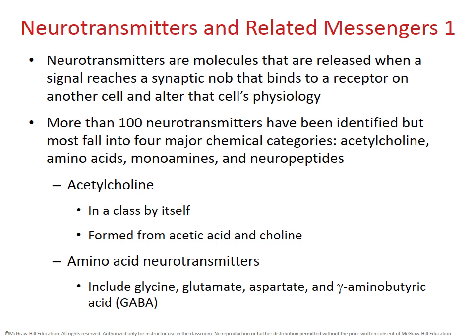Okay, so let's talk a little bit about neurotransmitters at this point. Again, neurotransmitters are, as we know, molecules that are released from synaptic vesicles when a nerve signal arrives at the axon terminal, the so-called synaptic knob, which is that swollen tip of the axon.